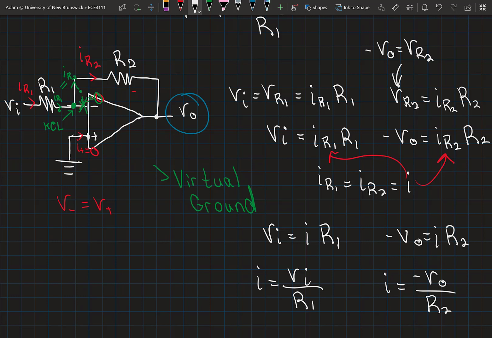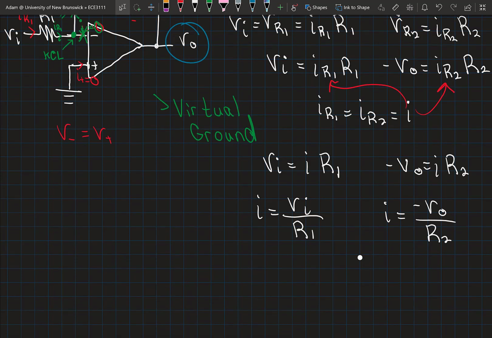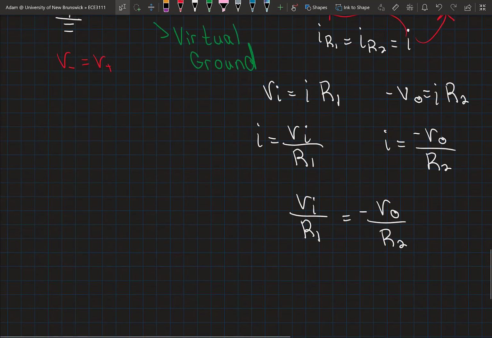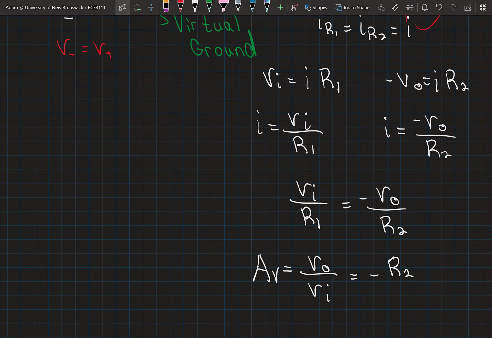Both of these are equal to I, so I can set them equal to each other: VI over R1 must be equal to the negative of V out over R2. Voltage gain is defined as the output voltage over the input voltage. So rearranging that equation, I get that the gain is equal to the negative of R2 over R1.